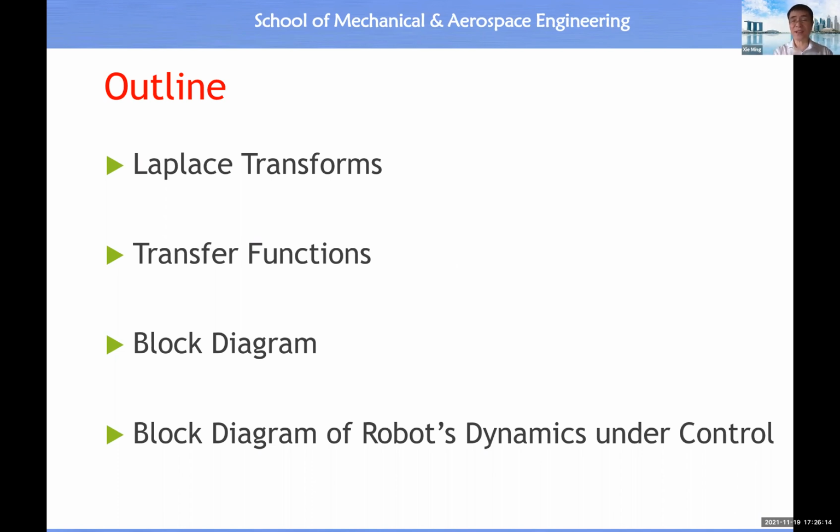There we have a differential equation. In particular, for a robotic arm, we have a differential equation in the form of a matrix. Therefore, finding the solution of a differential equation is a challenge to us.